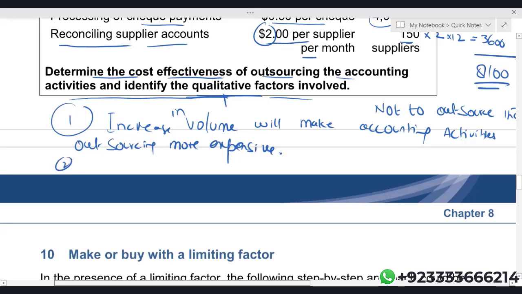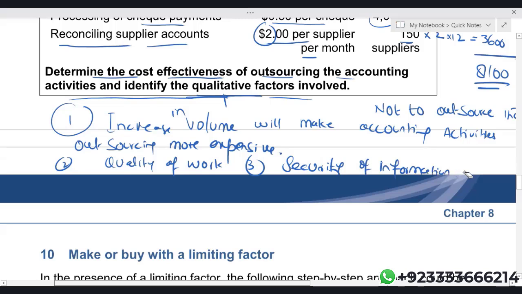Then obviously quality of work. You cannot ignore this. Quality of work and the security of information, confidentiality of information. What is the guarantee that information will be secure? So what are the qualitative factors which you should consider?